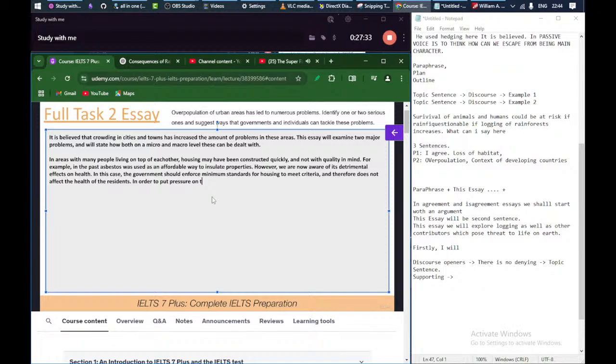So branches of government could be dedicated to housing, and crime has stemmed from many people living in close quarters.